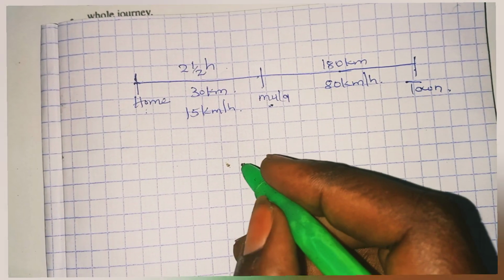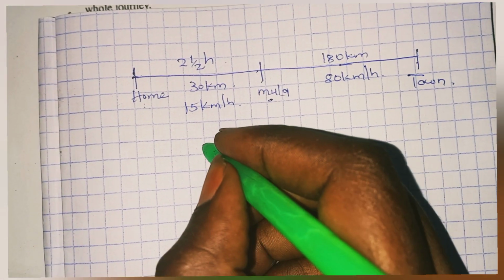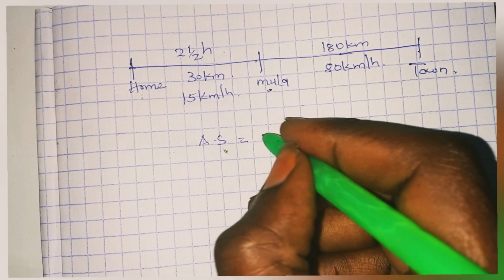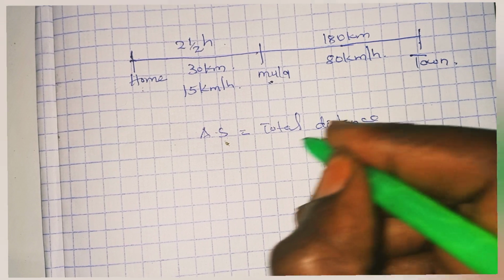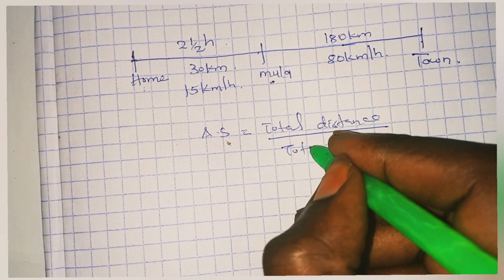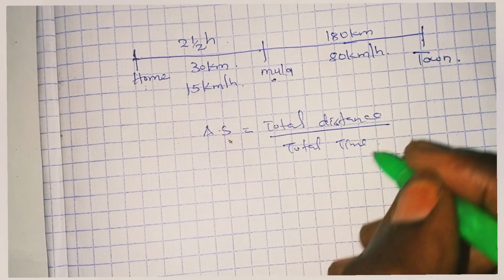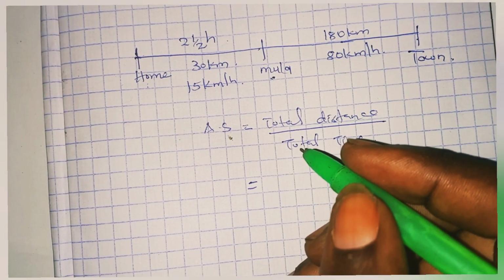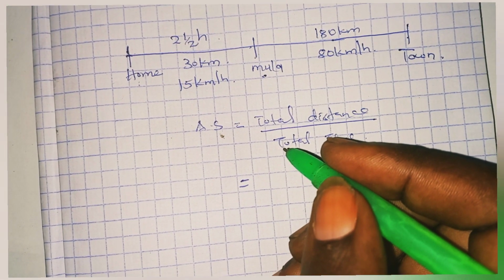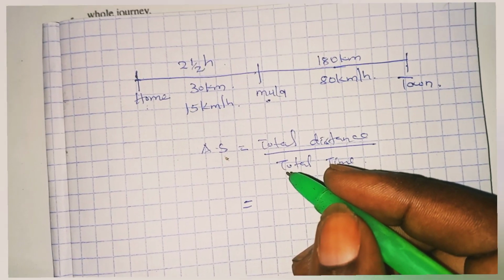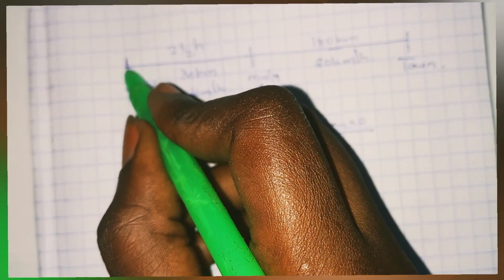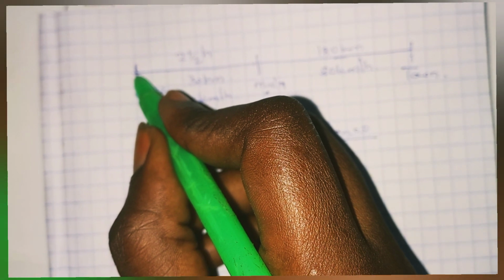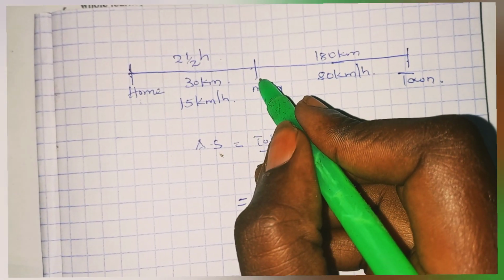In order to calculate the average speed is equal to total distance all over total time. We are going to calculate the total distance that was covered by this Juma. So the first distance that he covered was from home to Mula.